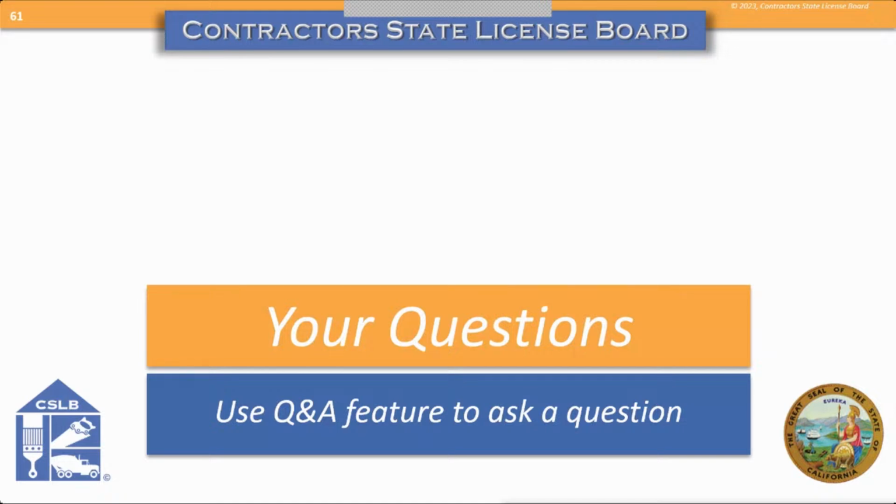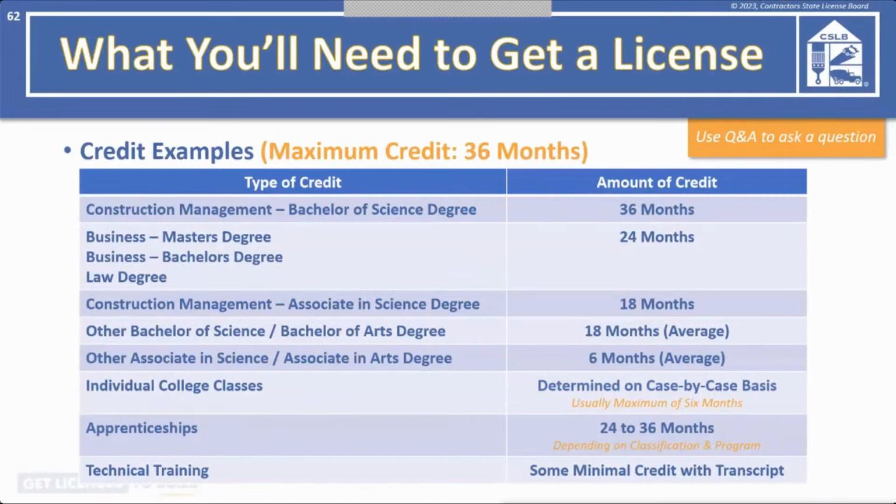Okay, my husband has 10 years of experience working for a licensed contractor. He has an ITIN. I am looking into getting a Class B license. I have no practical experience, but I have a bachelor's degree in business. Can he be my RME? Yes, you can apply for a license and have someone else as the qualifier on that license.